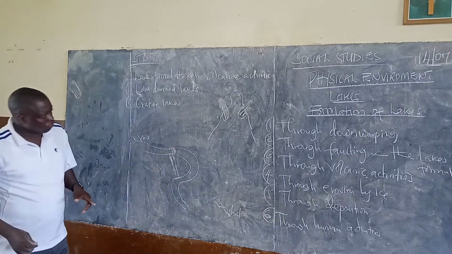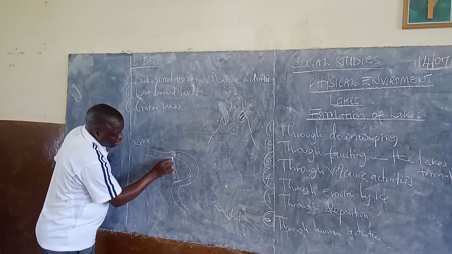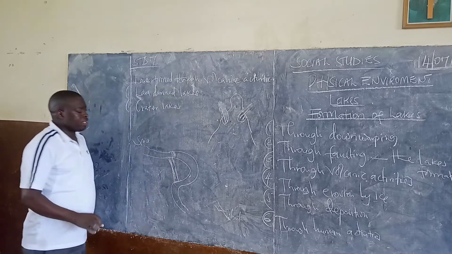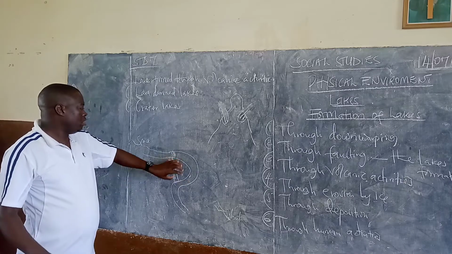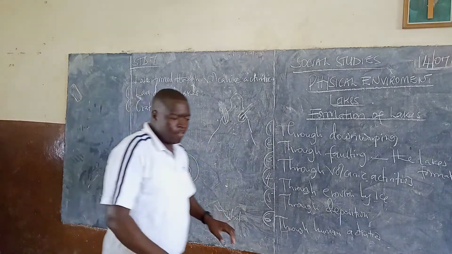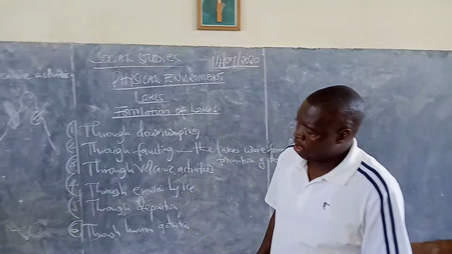Eventually you will find that something has been created. So water will be flowing like that. So what has been created? That space, there is a lake that is being formed around that space.